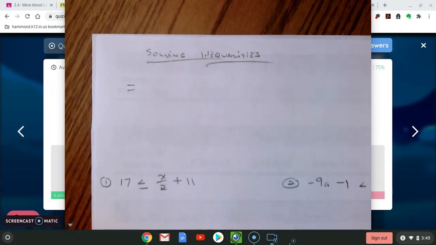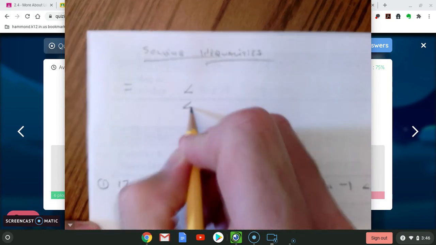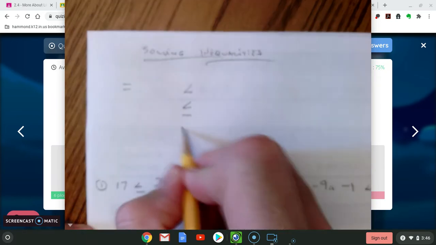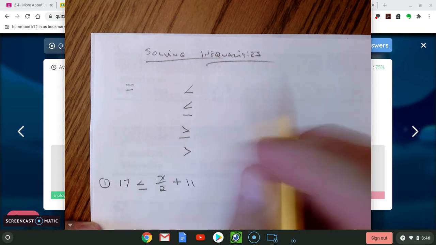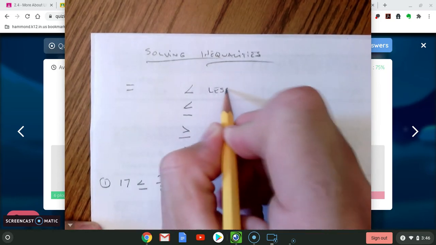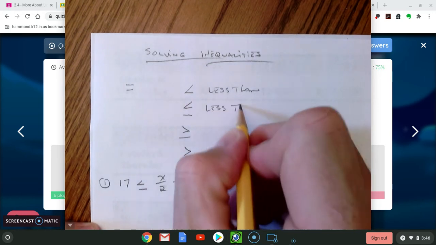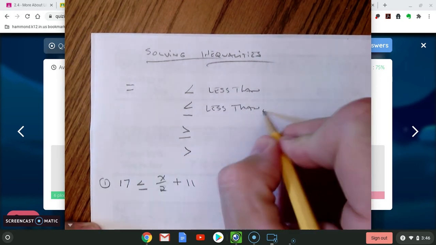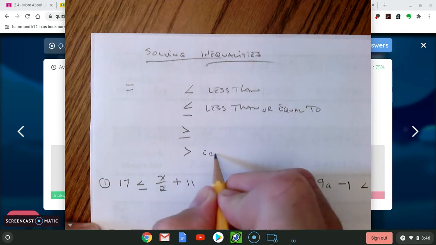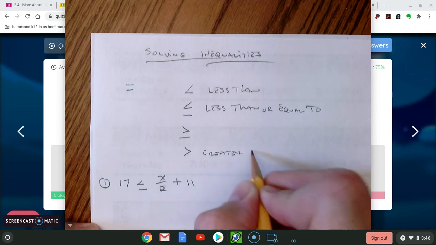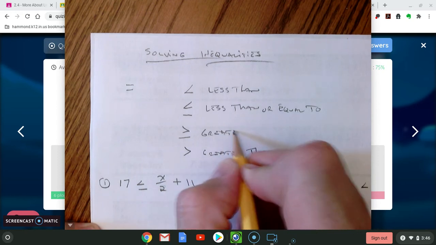Same value on both sides. In dealing with inequalities, we do not have the same value on both sides. One of the items is going to be greater than the other or less than the other. So we have less than, or equal to, greater than, and greater than or equal to.